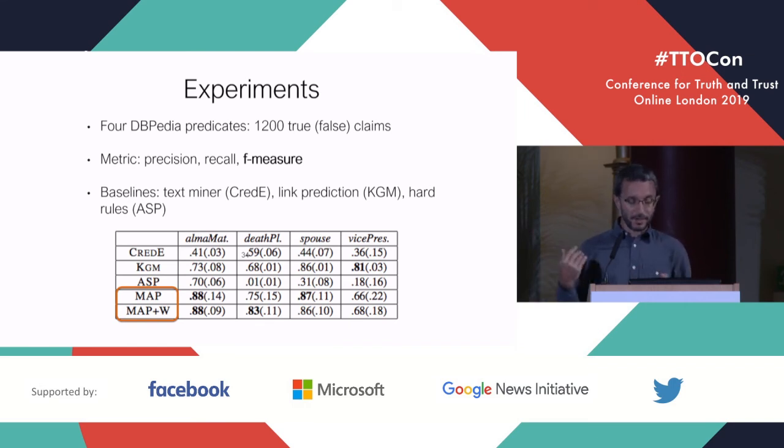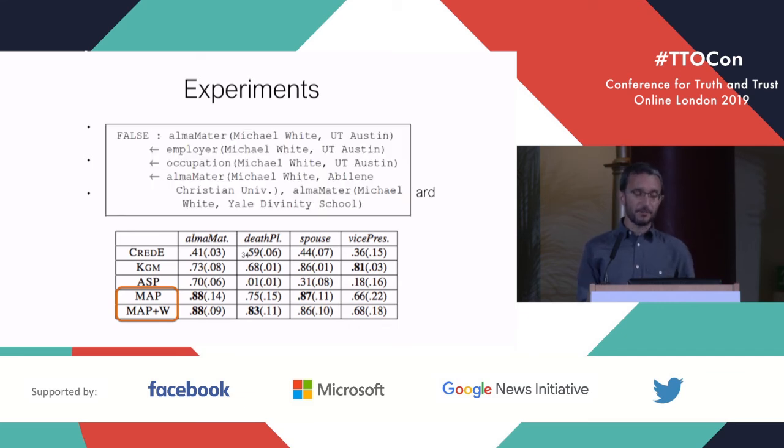And for one case, we have another method that does better because we could not find enough evidence to trigger the rules. Okay, so there is a lot of room for improvement here, but the most important argument for us is that we are comparable, but we can also provide this kind of explanation.